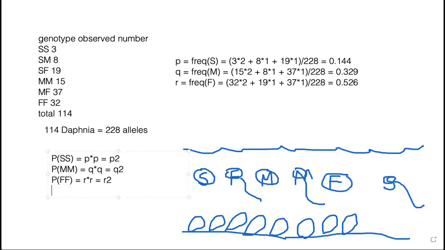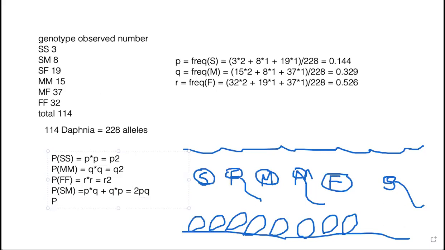Okay, what's the probability that an egg-sperm pairing will give you the genotype SM? Well, it's the probability of picking out an S egg, which is P, times the probability of picking out an M sperm, which is Q, or the probability of picking out an M egg, which is Q, times the probability of picking out an S sperm, which is P. So it's equal to 2PQ.